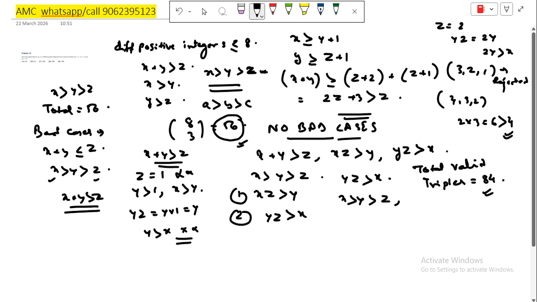Okay, so note something very important. First, reduce the complexity.